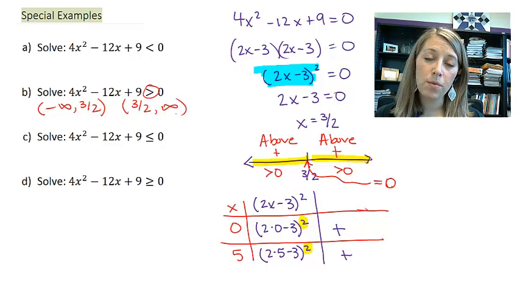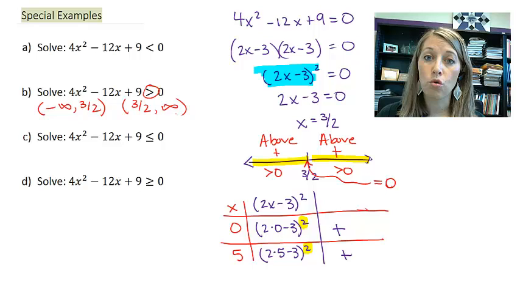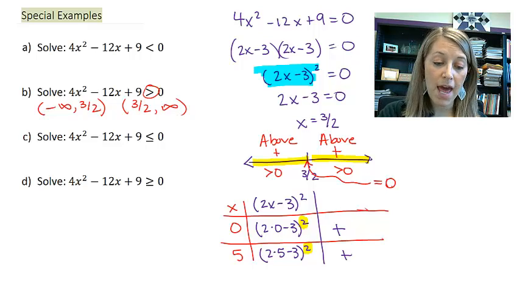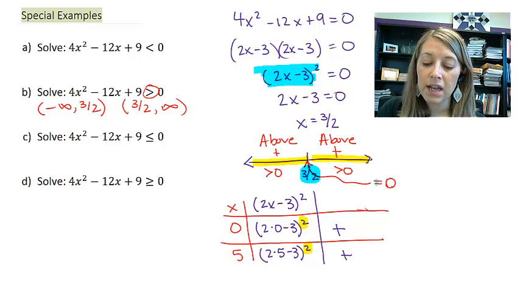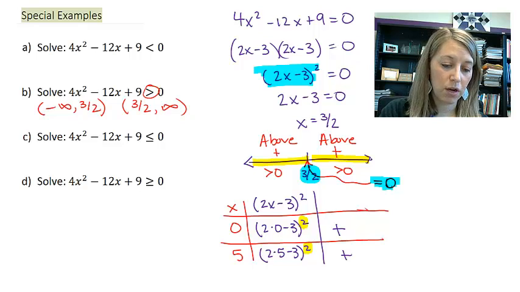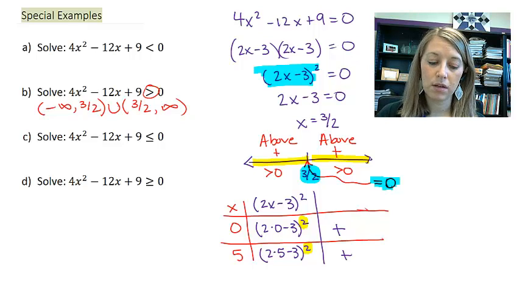So basically the only part of this graph that is not greater than 0 is right at the boundary, at my vertex right here, because that is where it is equal to 0. And we're going to put a union in between.